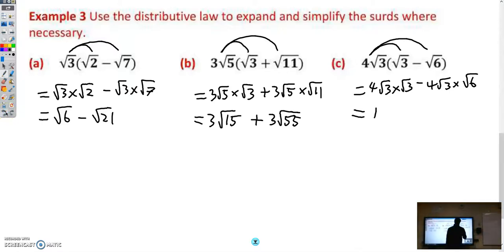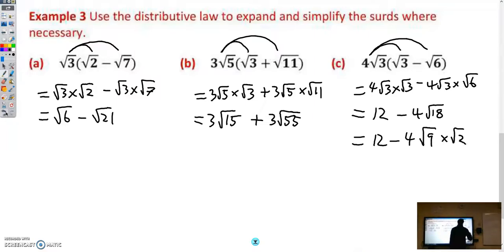So 4 times 3 is 12 minus 4 root 3 times root 6 ends up being 4 root 18. Now, root 18 does have a square factor, so we can simplify. We're going to end up with 12 minus 4. The square factor of 18 is 9. So root 9 times root 2. We will end up with 12 minus, the square root of 9 is 3, so 12 root 2.